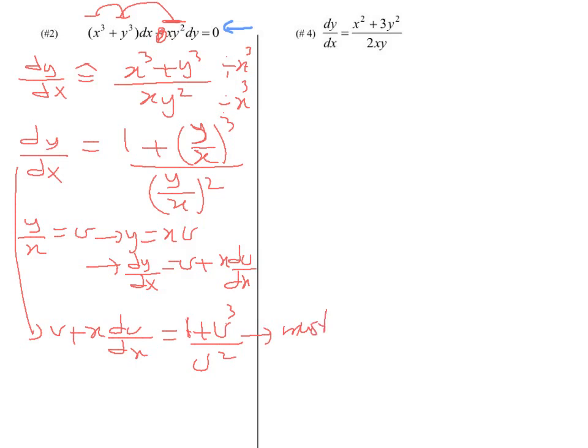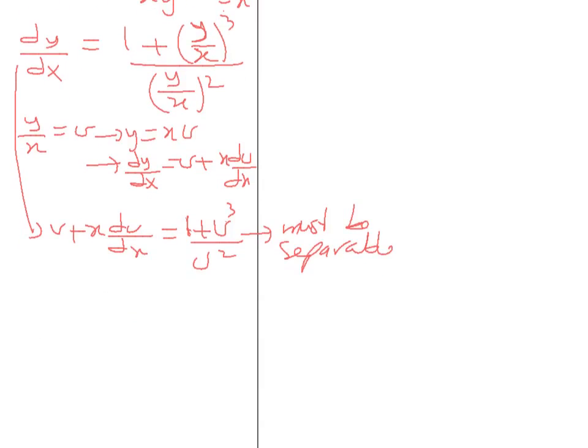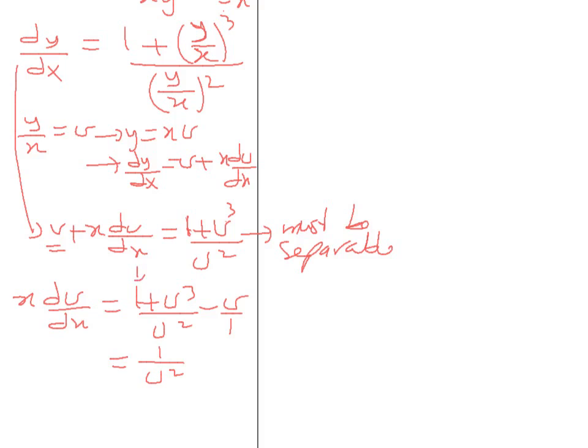This must be separable because we have used this procedure on the general case, so separate. Bring the v to the other side first. So x dv/dx equals 1 plus v cubed over v squared minus v. This is equal to 1 over v squared. You can either combine the fraction, or you can divide this by v squared and this by v squared, so it will become v minus v.